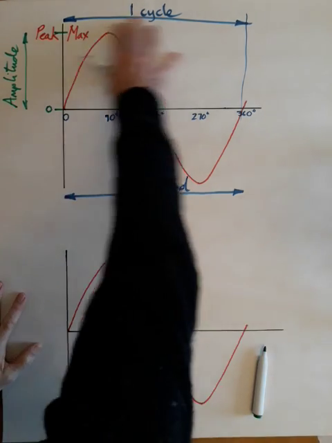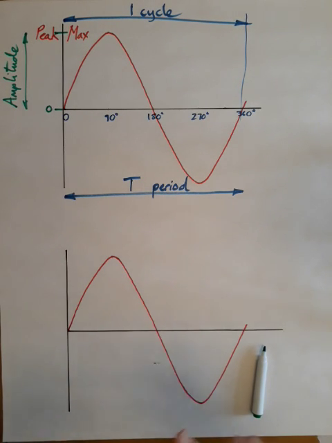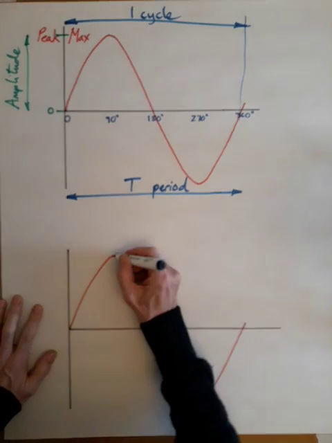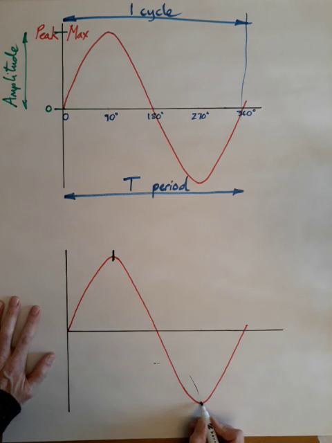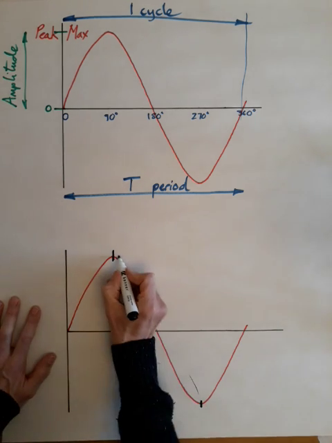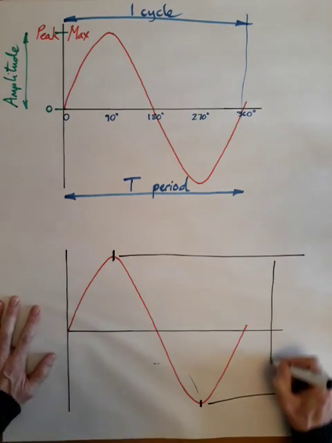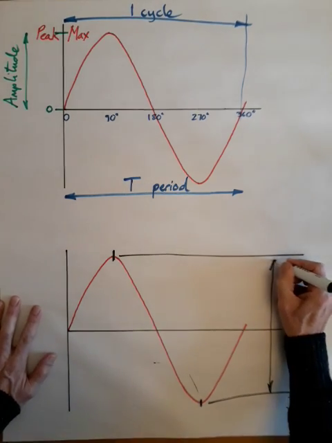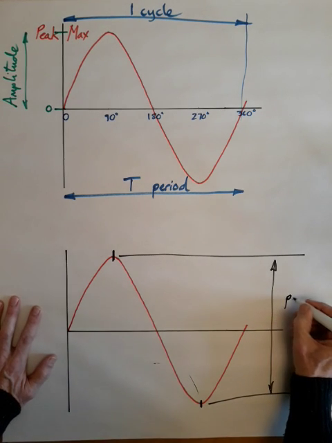So this diagram of mine is getting a little cluttered. I'll move down to this one, which is just the same. On yours, you do it all on one diagram on your handout. So let's look at peak to peak. If we go from the top of one peak to the bottom of the next peak, so we've gone from there to there, then this value, whether it's voltage or current, is called peak to peak.